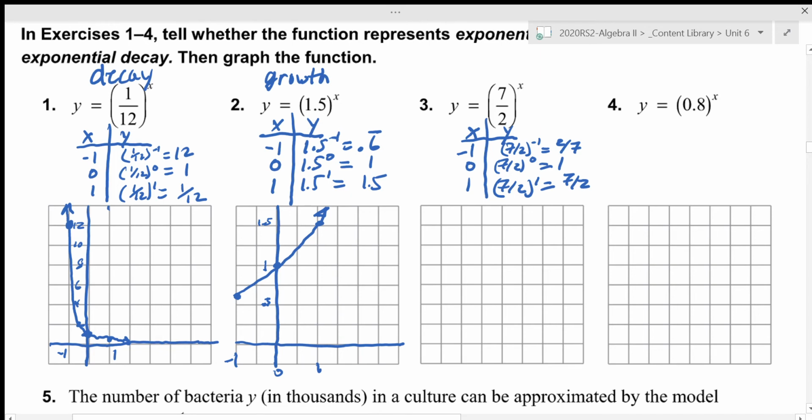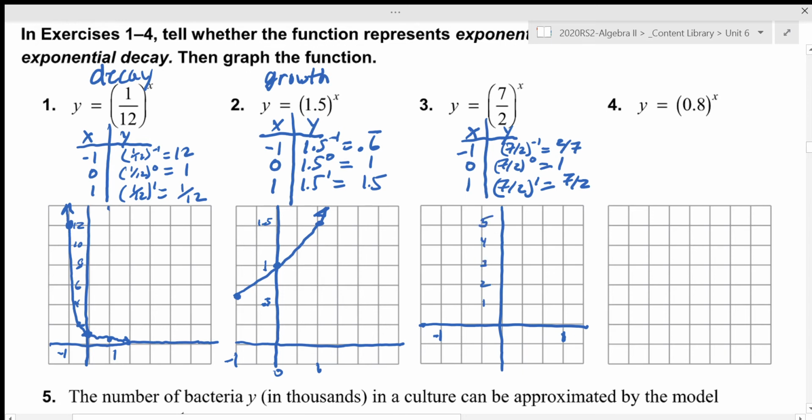Okay, now let's make our xy axis. Let's put -1 here and 1 over here. The y-axis will go up by ones: 1, 2, 3, 4, 5.